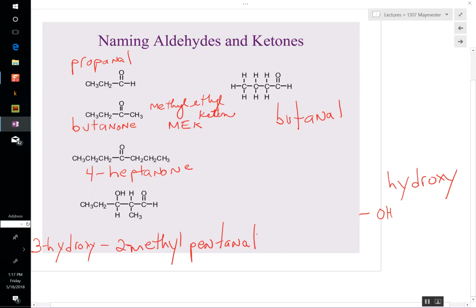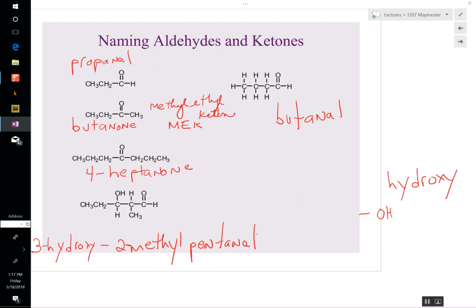If the aldehyde wasn't there, if that was a CH3 on the end, then we would just call it 3-butanol, or excuse me, 3-pentanol, 2-methyl, 3-pentanol, something like that. But we have an aldehyde, so we're going to name it aldehyde. We don't need a 1 in there because the aldehyde is always on the end. But we're going to name where the OH group is.